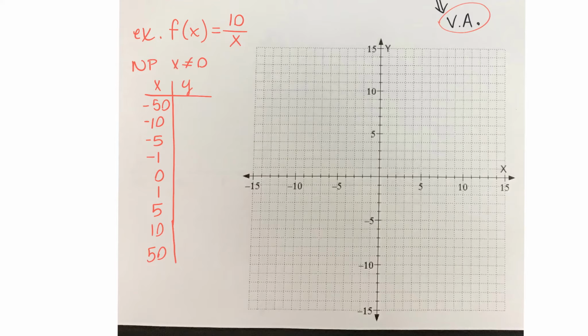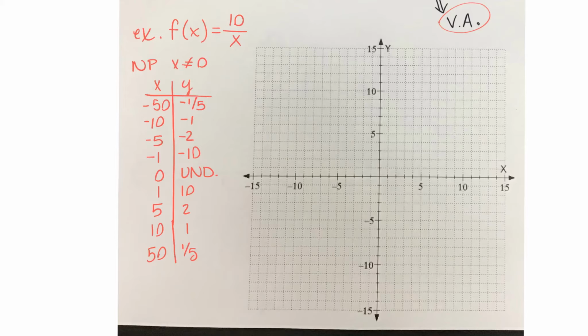I'm going to substitute these x's in here. 10 over -50 gives me -1/5. 10 over -10 is -1. 10 over -5 is -2. 10 over -1 is -10. 10 over 0 is undefined. 10 over 1 is 10. 10 over 5 is 2. 10 over 10 is 1. 10 over 50 is 1/5. Okay, let's go graph these and see what happens.